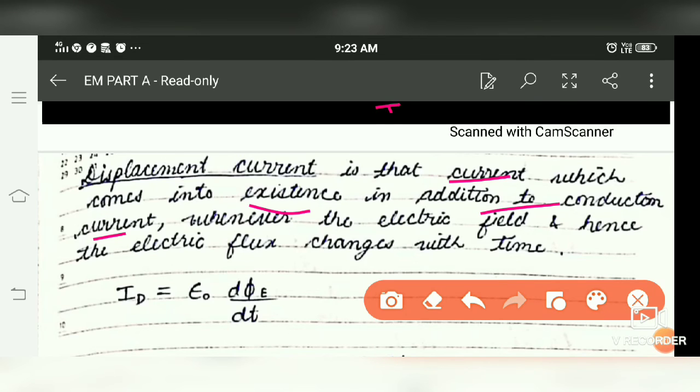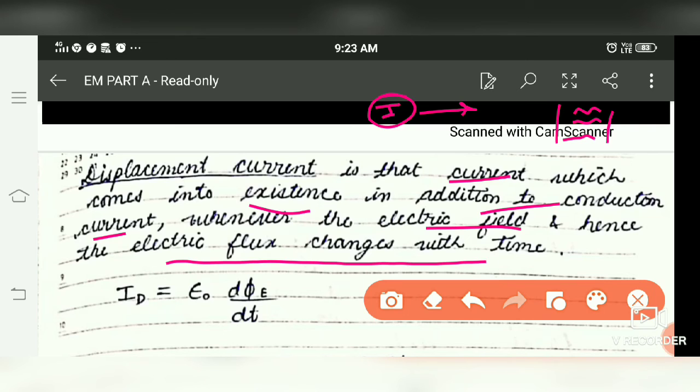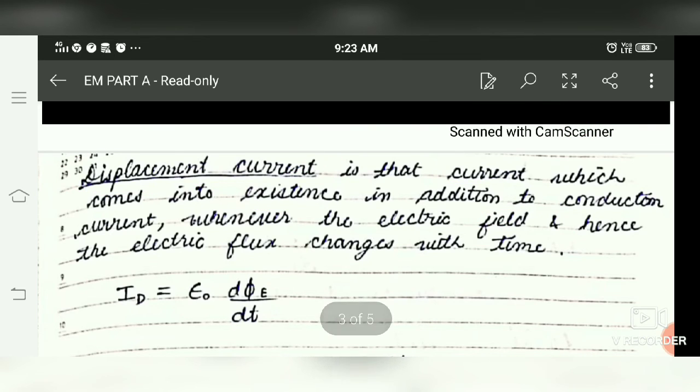The current we already have in the circuit moves along the wire, that is conduction current. But a current also moves along the empty space of a capacitor; that is displacement current. Whenever the electric field, and hence electric flux, changes with time, displacement current exists in the space.